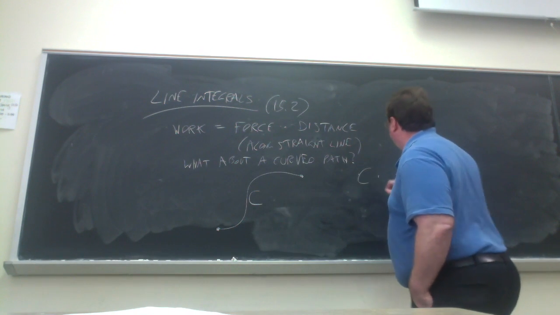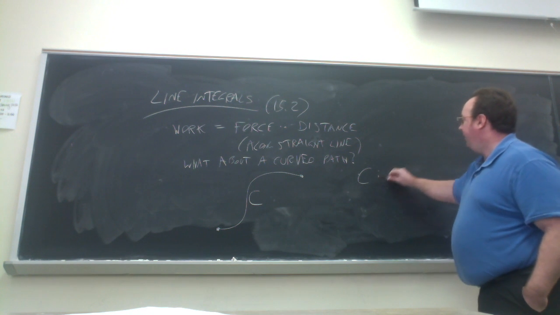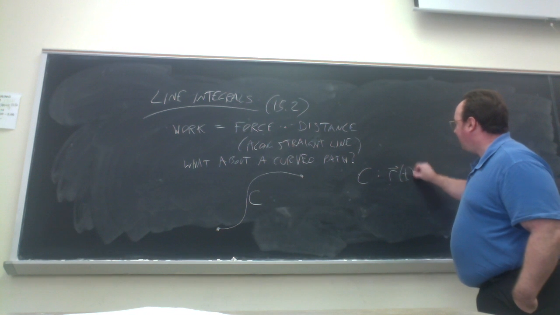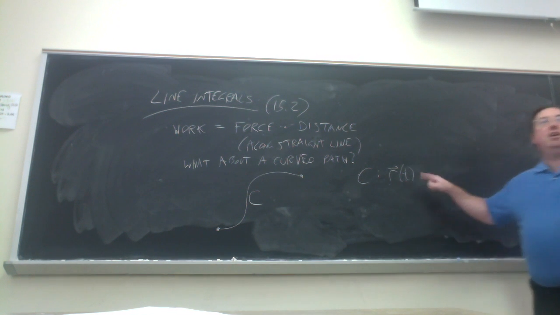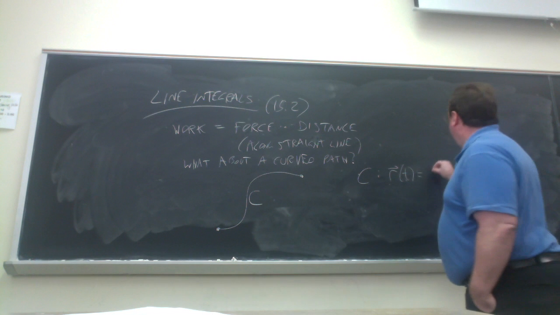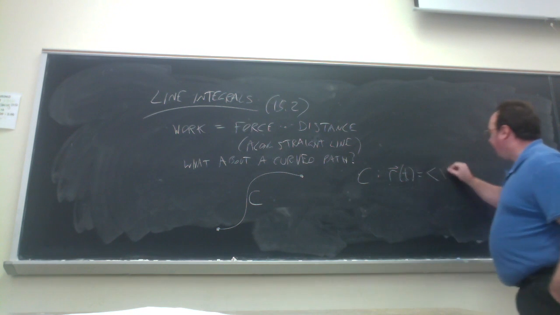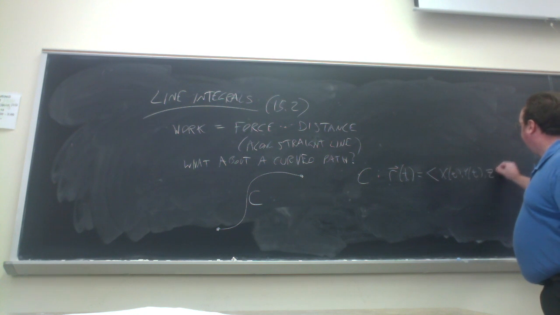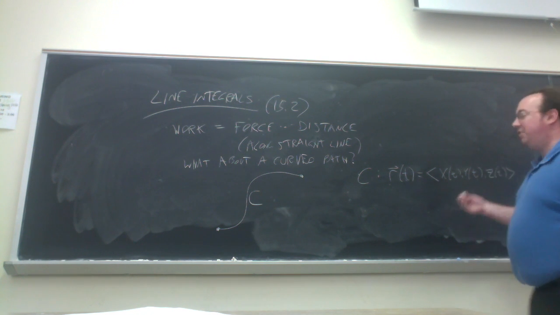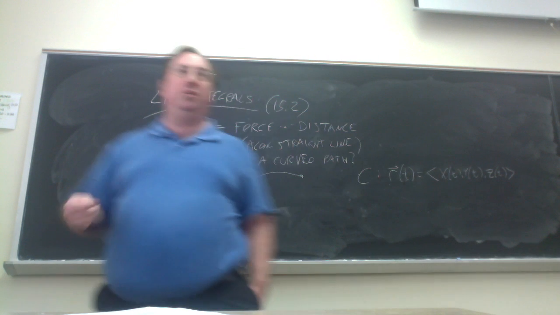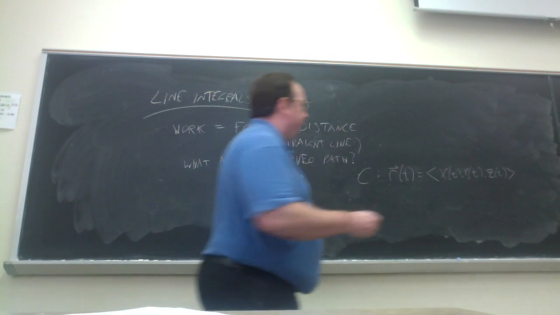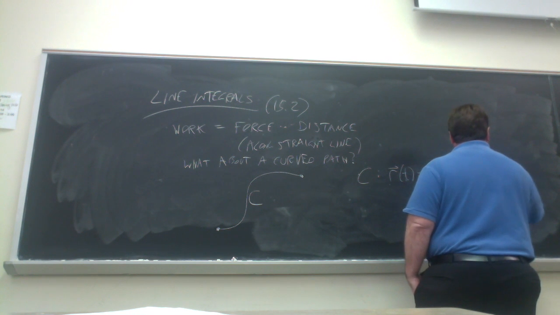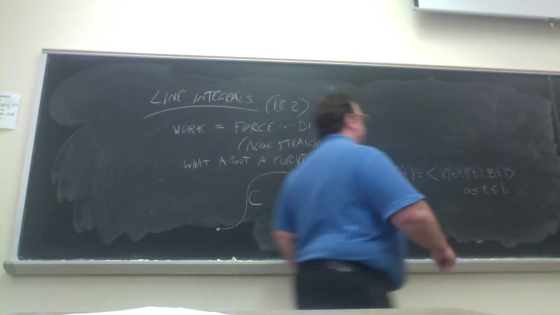The way we'll most often describe a curve C is using, as I discussed last time, a vector valued function, r of t. So for each value of t, we have components x of t, y of t, z of t. Or we might just scale down to 2 dimensions and have only x and y. And t, the parameter, ranges between a and b.